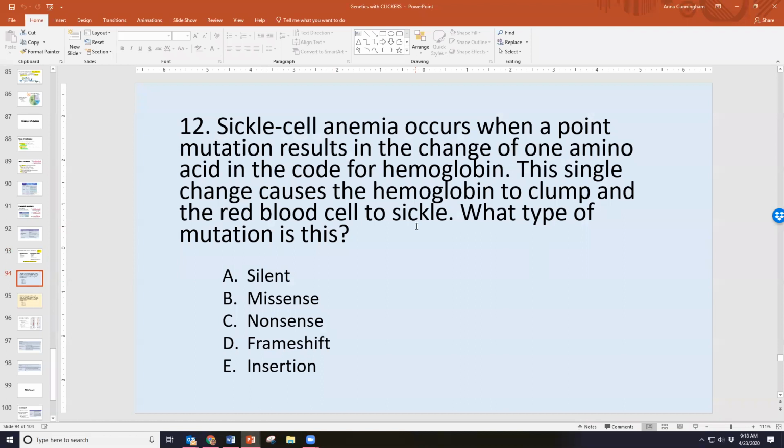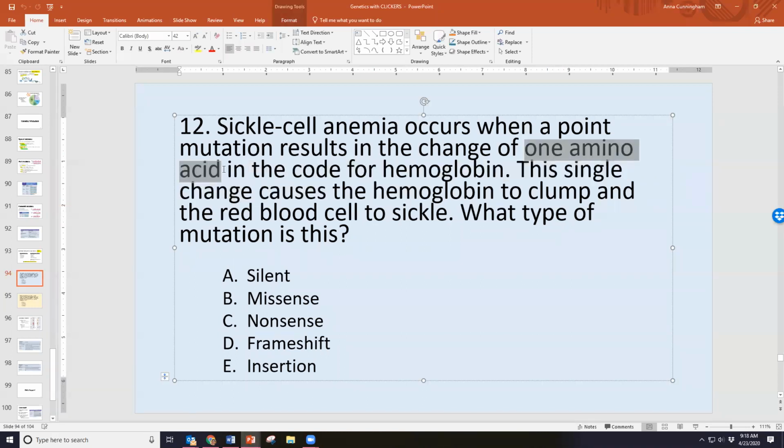This question: sickle cell anemia occurs when a point mutation results in the change of one amino acid in the code for hemoglobin. So one amino acid is changed. This causes the hemoglobin to clump and the red blood cells to sickle. What type of mutation is this? The hint is that we have one amino acid changed to a different one.